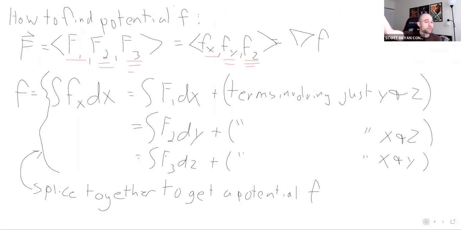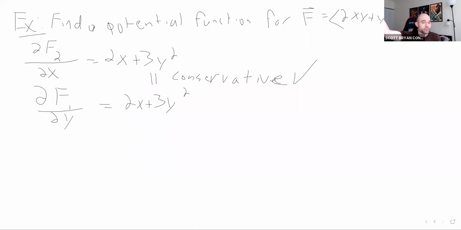So for the last one, we had a vector field on R3. We integrate the first component with respect to x, second with respect to y, third with respect to z. Now we just have a vector field on R2, so we integrate the first with respect to x, the second with respect to y. And there's nothing involving z, so we don't do that.